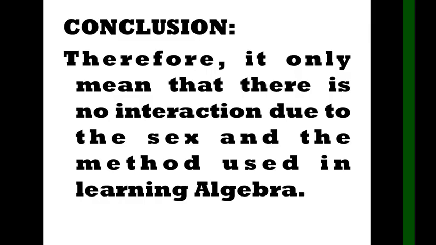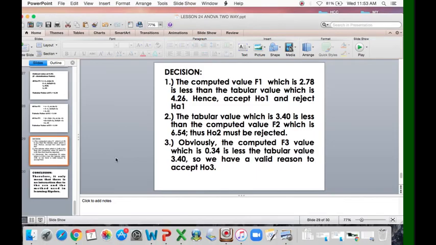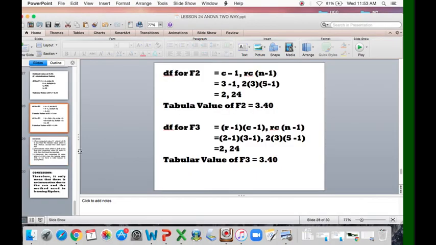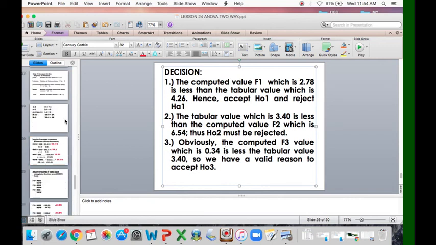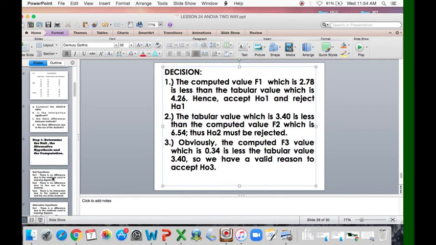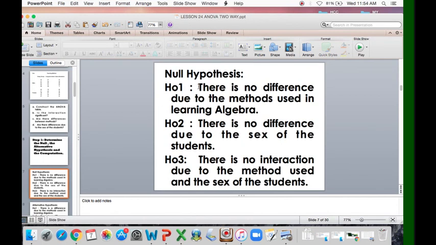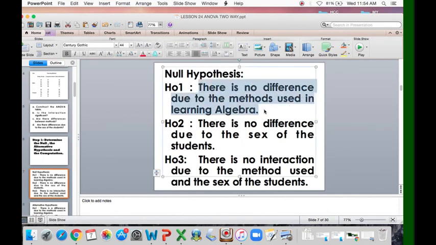Therefore, for the conclusion, it only means that there is no interaction due to the sex and the method used in algebra. Actually, we should have 3 conclusions here. In the first part we accept HO, in the second we accept HA, in the third we accept HO.